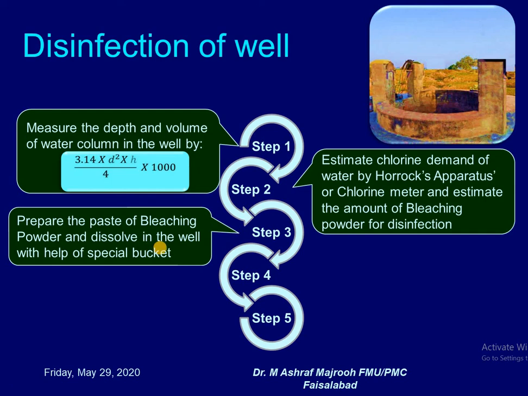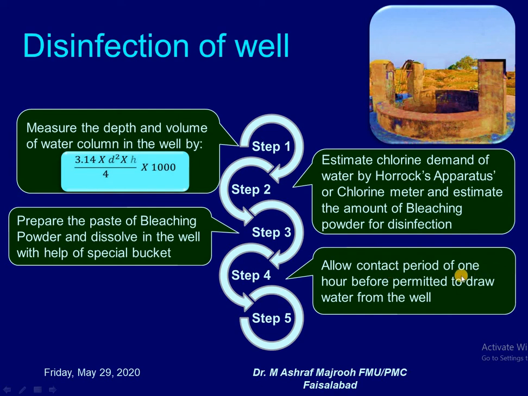The bucket should be dipped into the water below the surface, and then it should be stirred and shaken time and again, so that most of the chlorine paste available in the bucket is dissolved in the well.